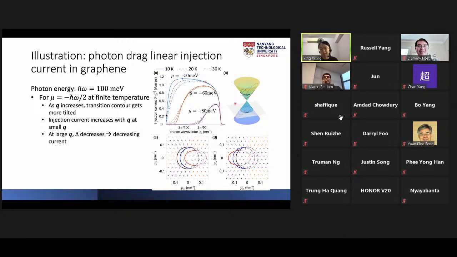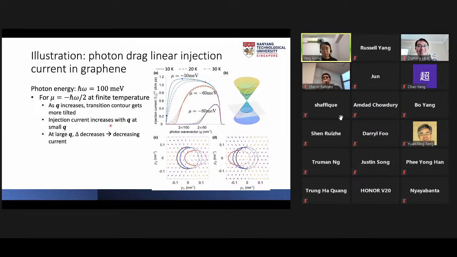This is because, as illustrated in panel B, when Q increases, the transition contour becomes more and more tilted. As a result, half of the transition contour below the Fermi surface becomes more and more occupied at finite temperature, whereas the other half becomes more and more empty. So as a result, the injection current should increase.